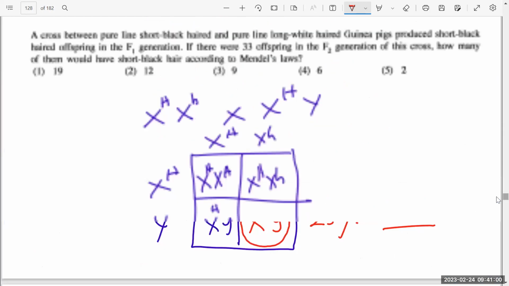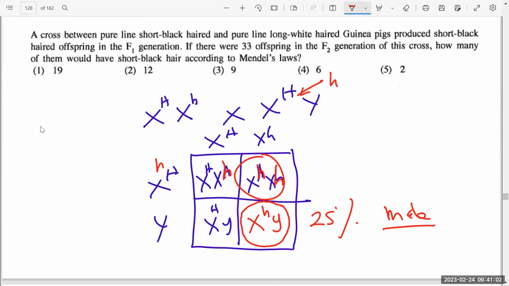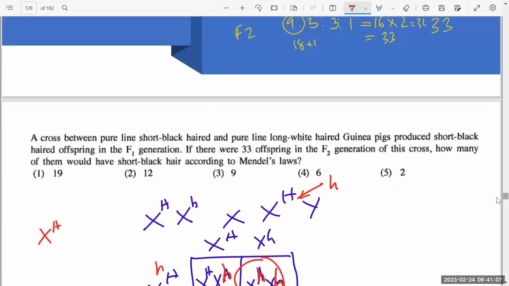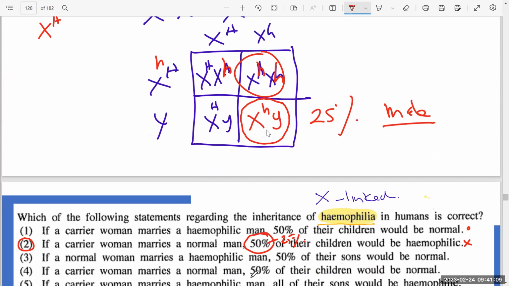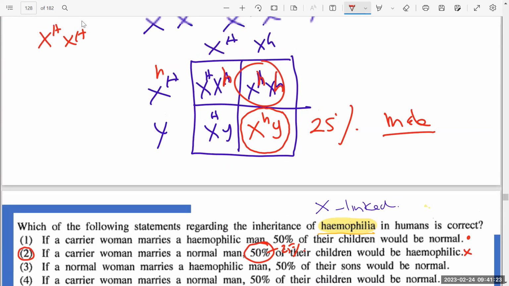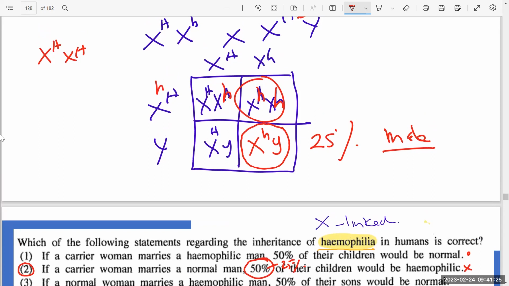In that case, a normal woman is capital X H, capital X H, and a hemophilic man is X simple h Y. This is a hemophilic man, this is a normal woman.